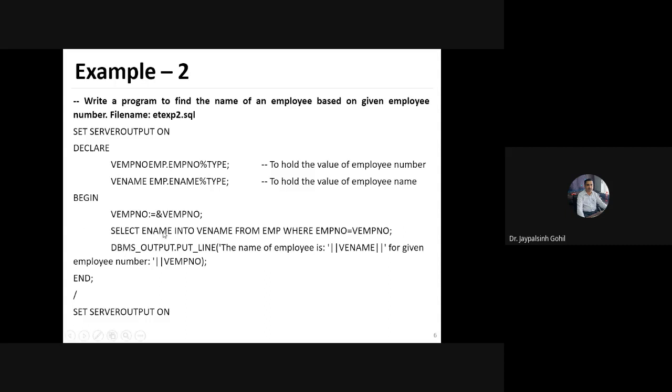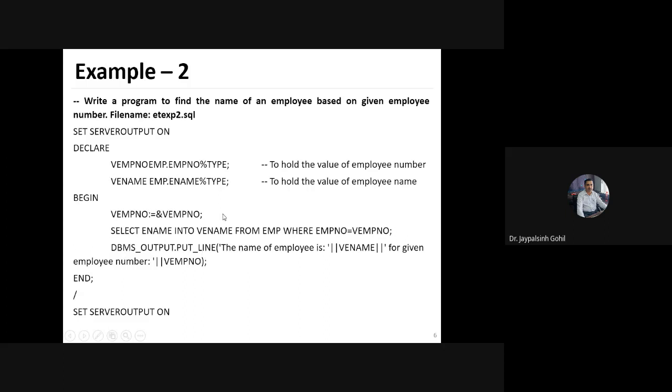So select the column name, employee name, ename, into the variable that we have declared here, v_ename, from EMP where employee number is equal to v_employee_number. Whatever employee number is provided by the user will be used in the where condition, and the corresponding employee name will be fetched and stored inside the variable we declared previously.